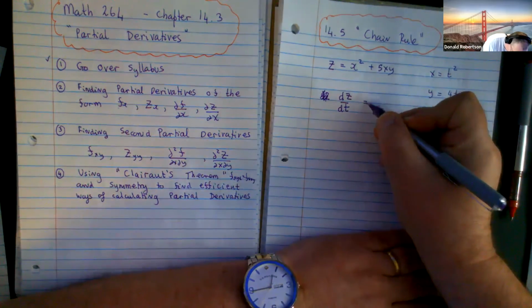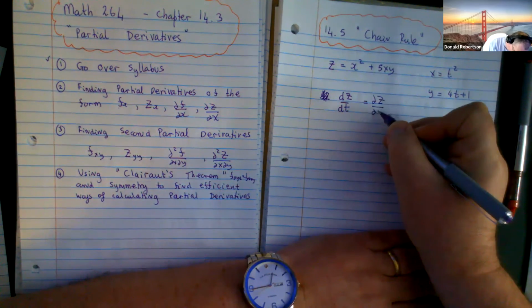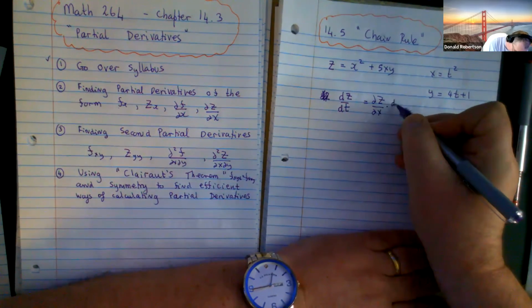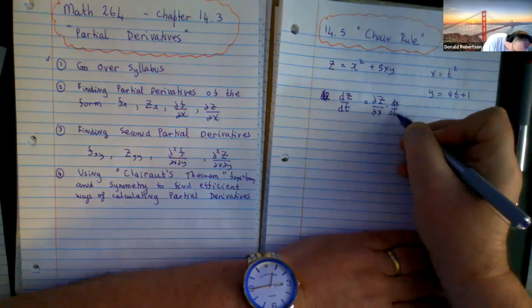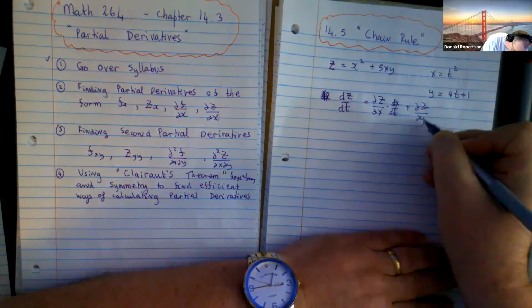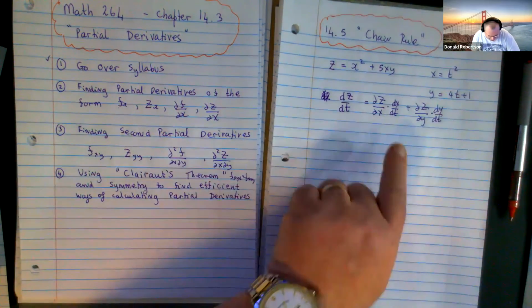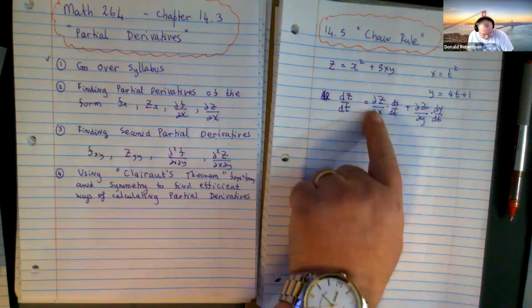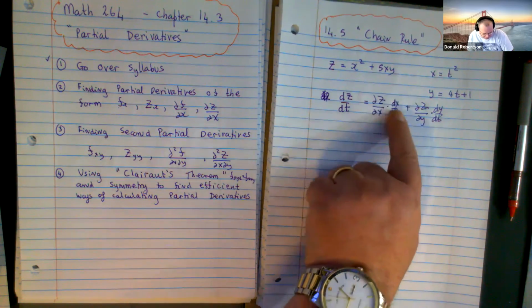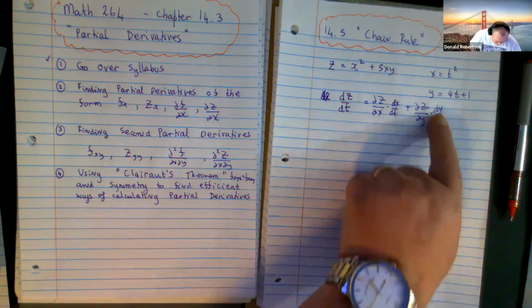But the formula is the partial derivative of z with respect to x times dx by dt, plus the partial derivative of z with respect to y times dy by dt. Think of this as the contribution to the answer made from the x's, and this is the contribution made by the y's.